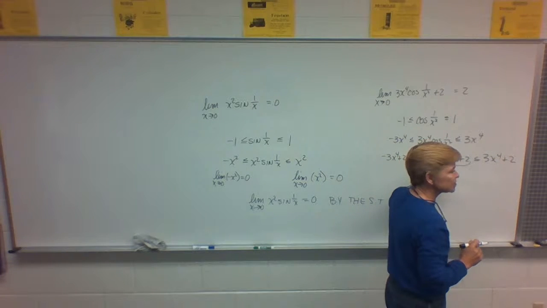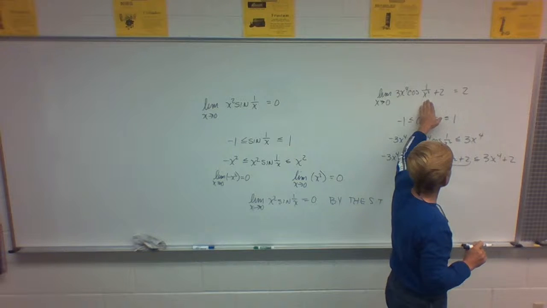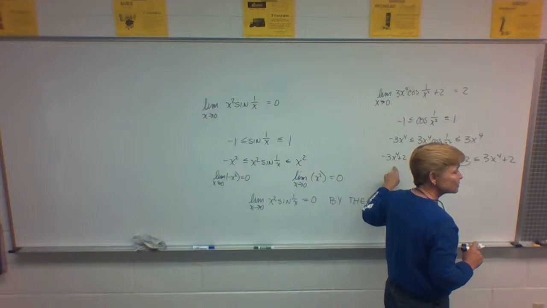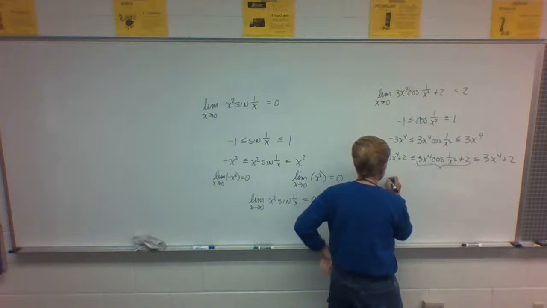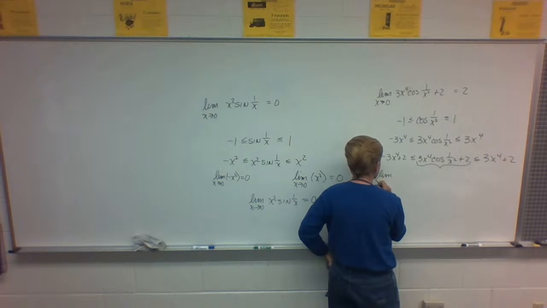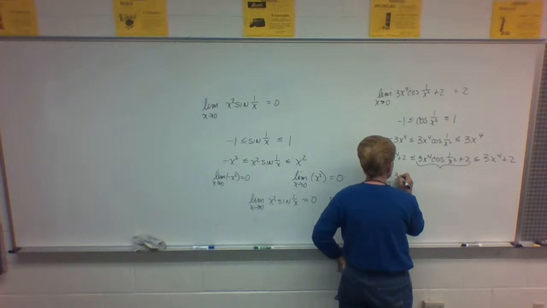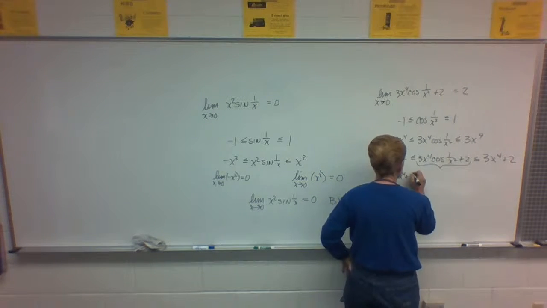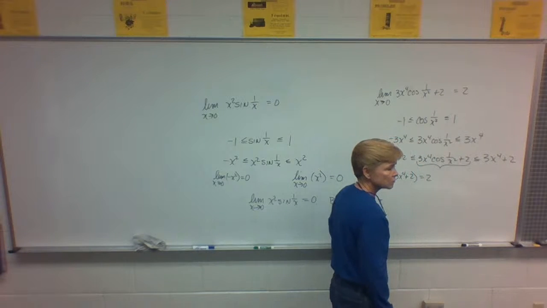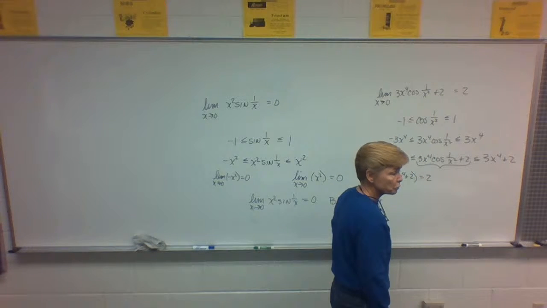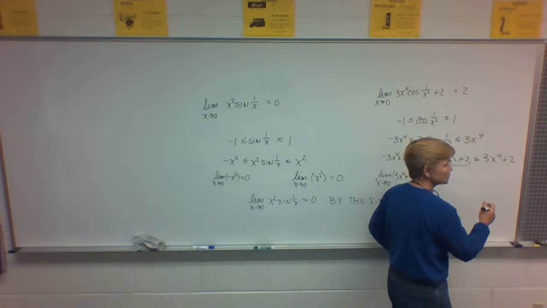We still can't take this limit by direct substitution in the middle, but we can on the ends. The limit as x approaches 0 of 3x to the 4th plus 2 is 2 by direct substitution. These are polynomials.